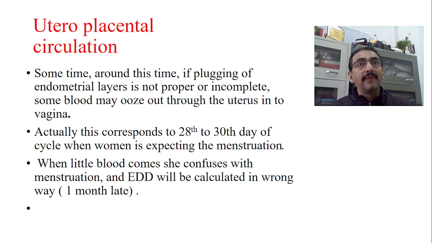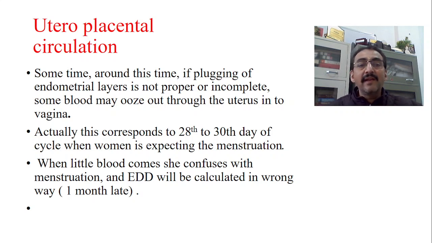Now what actually causes the problem is, EDD can be postponed because of this. If the mother is not coming to you, or if the mother is visiting for the antenatal checkup in the 3rd month onwards, 4th month onwards, or 5th month onwards, then when you have to calculate the EDD, she may mistake this particular small amount of blood which is oozing as the menstrual cycle, and EDD will be postponed.